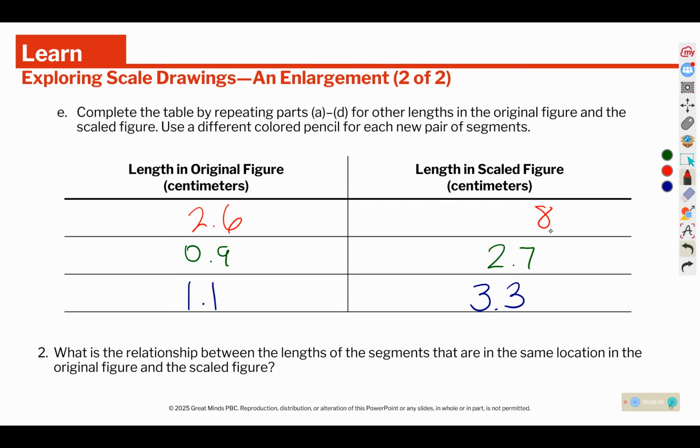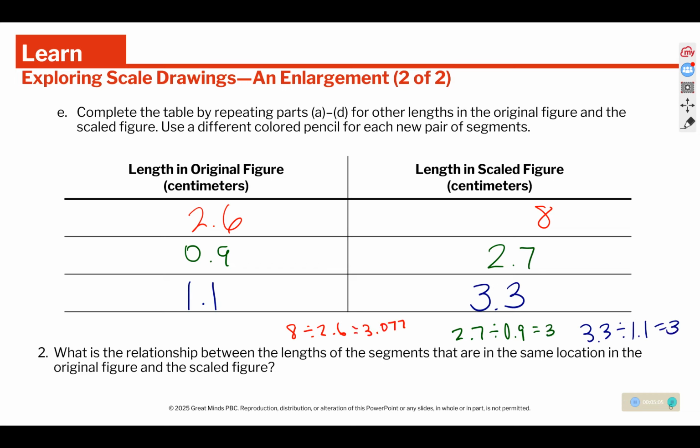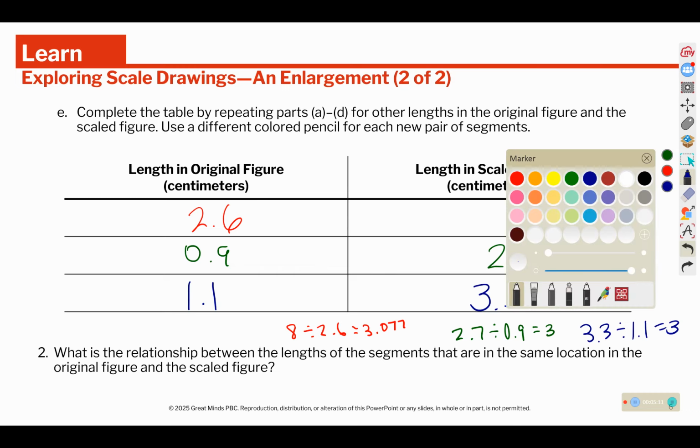Well, if we're dividing y by x, that's going to give us that scale factor. And when we divide, you can see that these scale factors all come out to approximately 3.